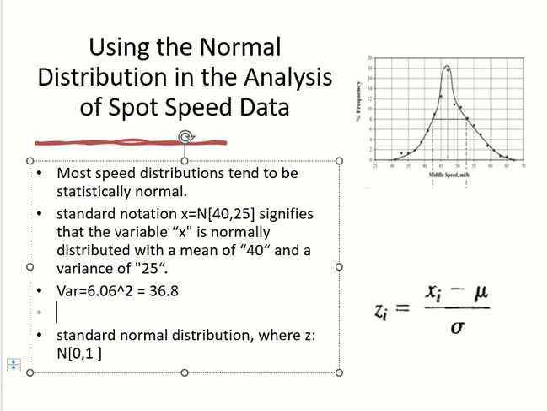So if I want to write that speed data follows normal distribution, I will write it like this. Speed represented with S, N for normal distribution. I have to write the mean. My mean was 48.1 and the variance is 36.8.